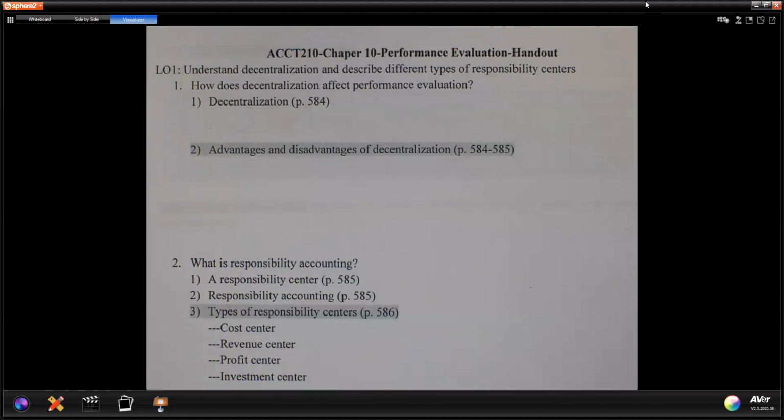In this video, we will talk about Chapter 10, Performance Evaluation. There are two main important parts in this chapter, and Chapter 10 and Chapter 11 are connected, related.